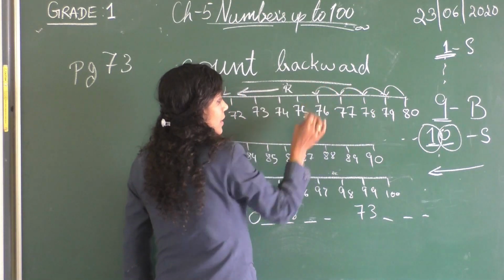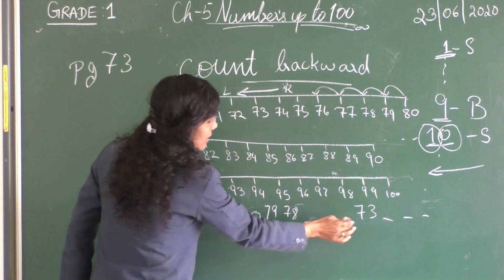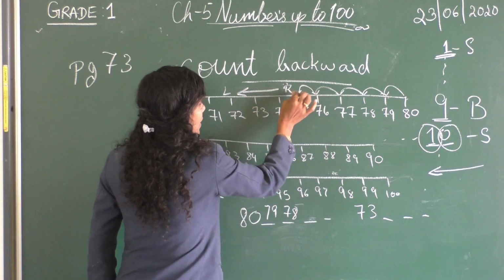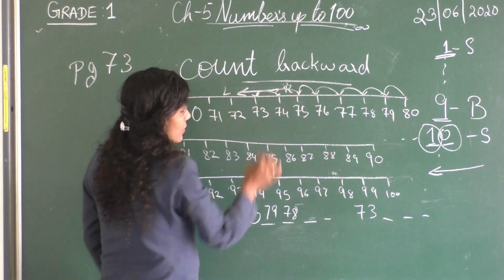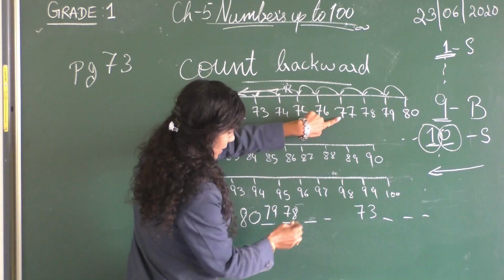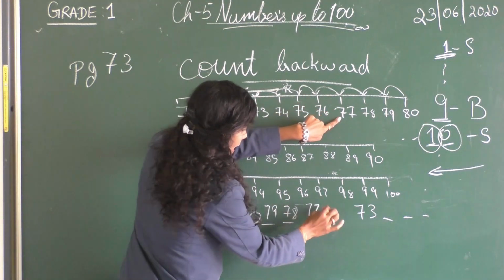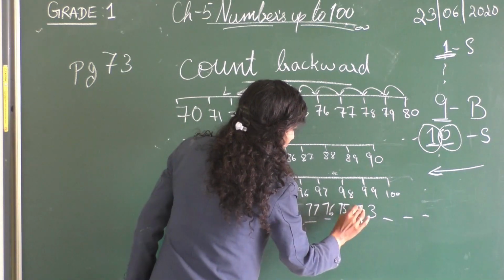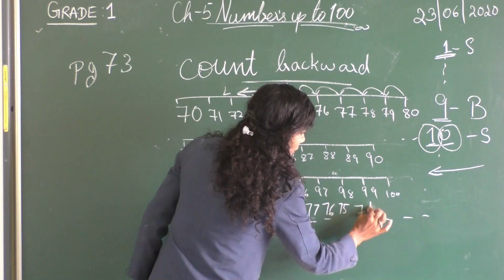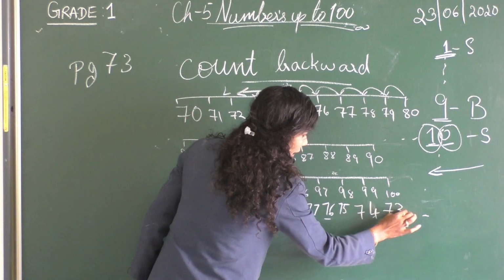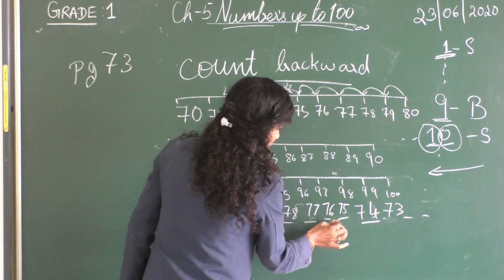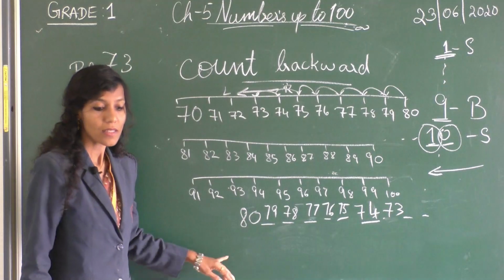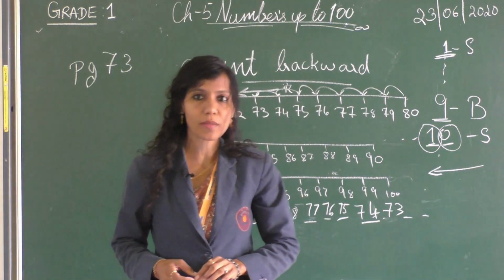You have to go on till you reach 73. So every step you have to write: 78, next 77, 76, 75, 74, and there you are, 73. Clear? Similarly you have to do the other two columns also.